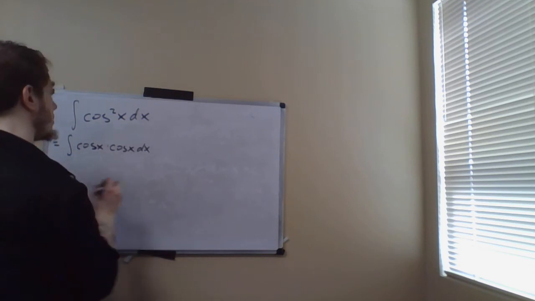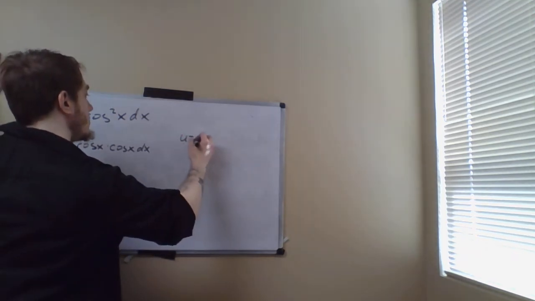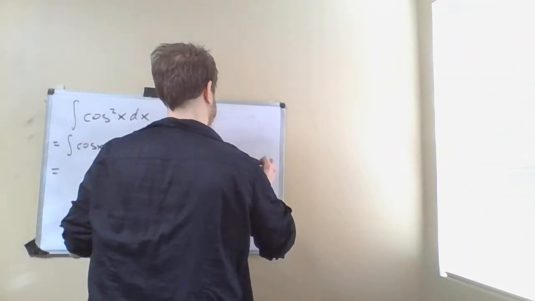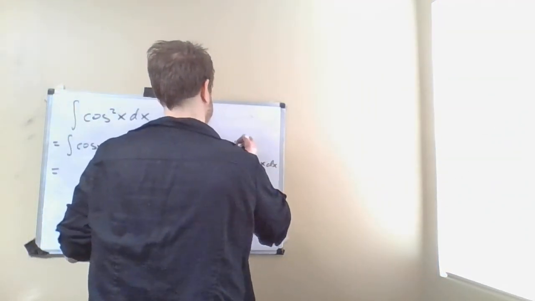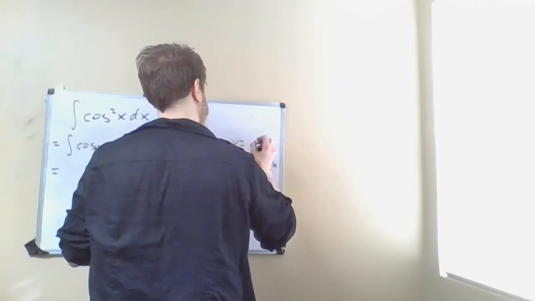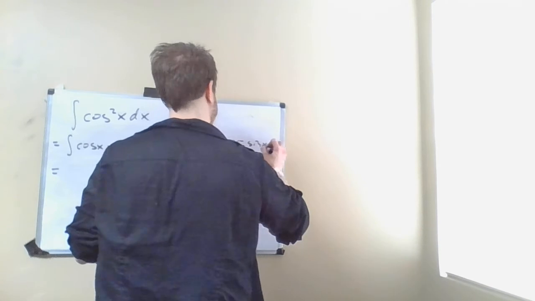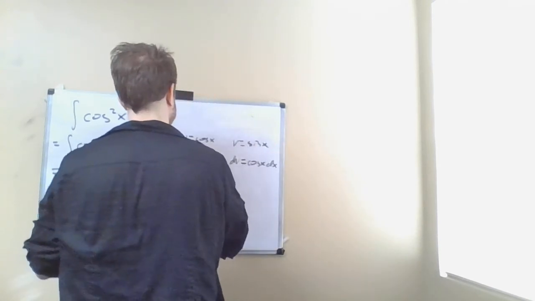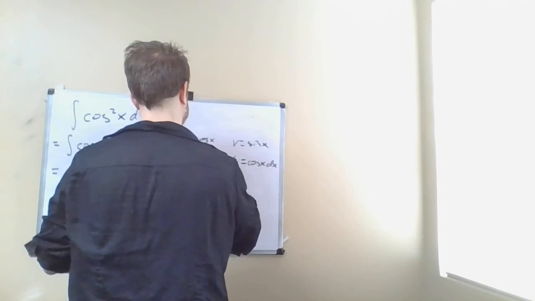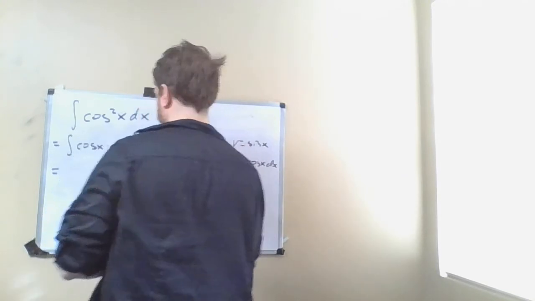And this is going to be, if I take my u to be cosine x and my dv to be cosine x dx, then v is going to be sine x and du is going to be negative sine x dx.